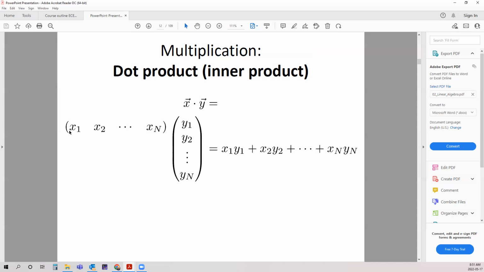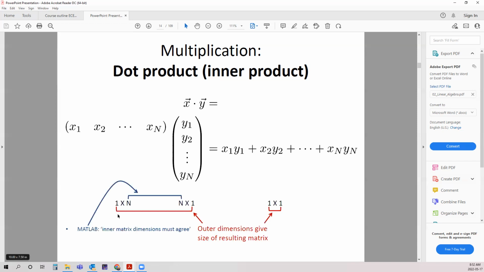Then this will be x1y1, x2y2, to xnyn, and the summation of this is the sigma from i equals 1 to n of xi yi. So we have one number, which is the inner product for the whole vector.